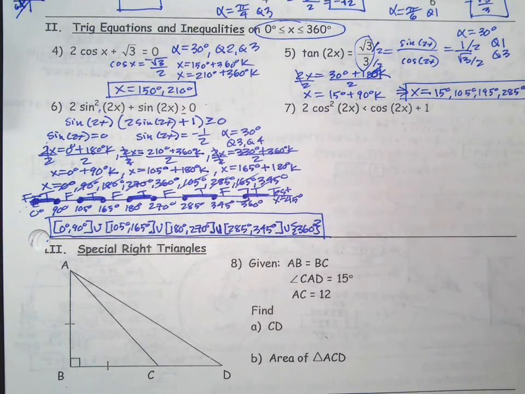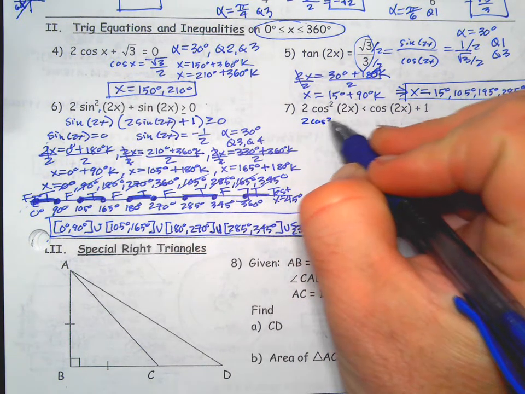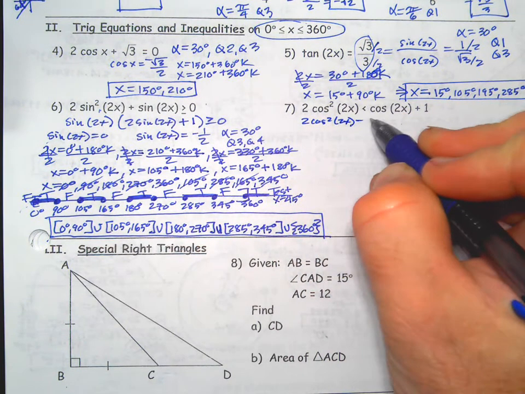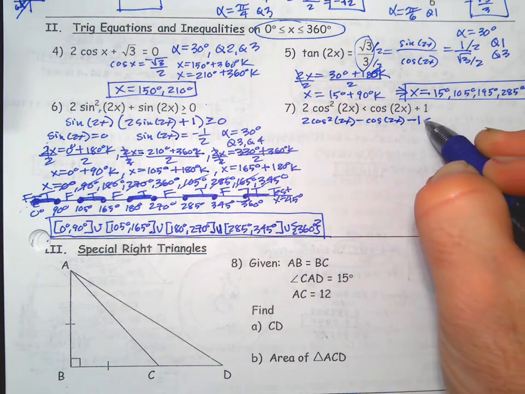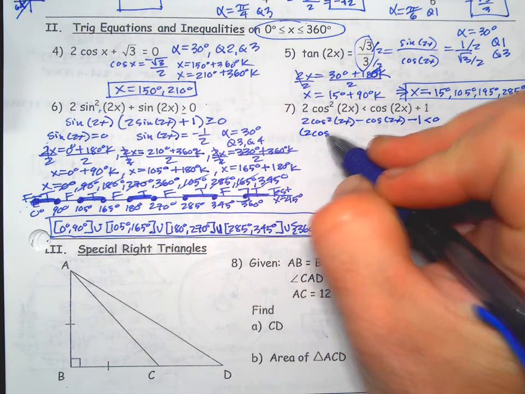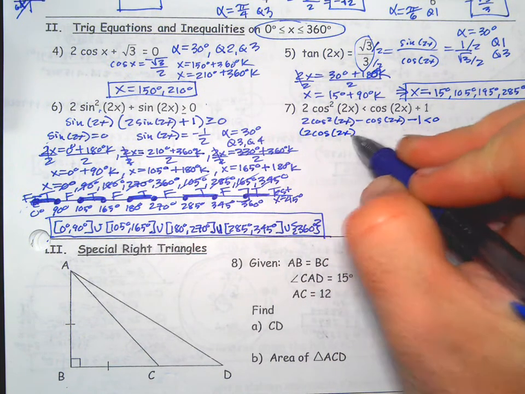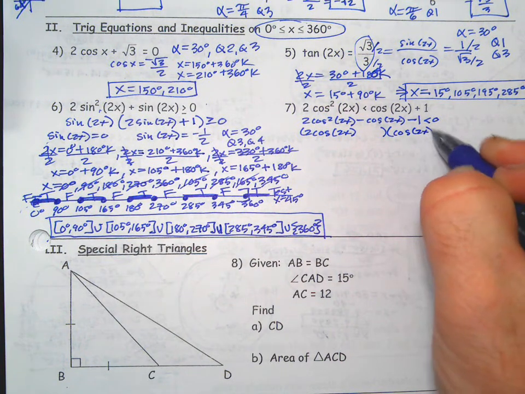Okay, now we've got to move everything to one side, equals 0 first. So cosine squared 2x minus cosine 2x minus 1 less than 0. This is like a quadratic trinomial pattern, but with trig mixed in. So we're going to unfoil it.